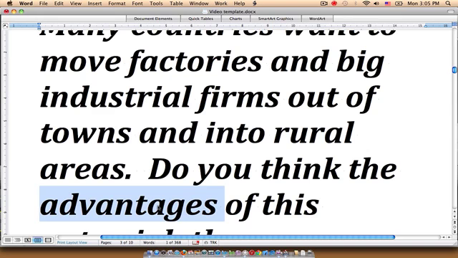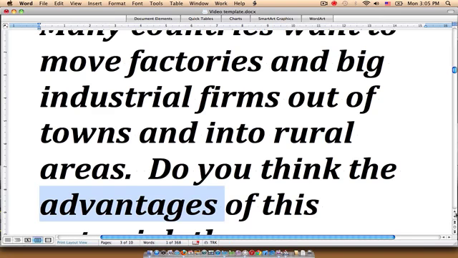So as we go through the exercise, please keep this in mind, because at times you will be given two options for wording that are both grammatically correct, but the problem is that one is not in keeping with what the essay is trying to argue, which is that there are more advantages than disadvantages.